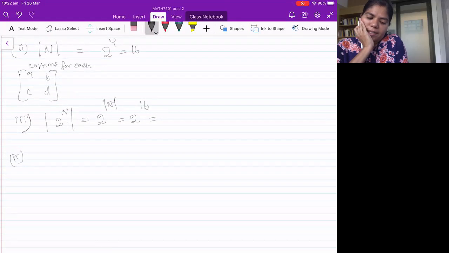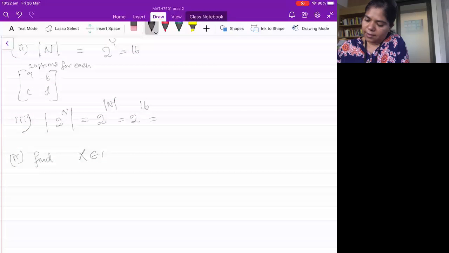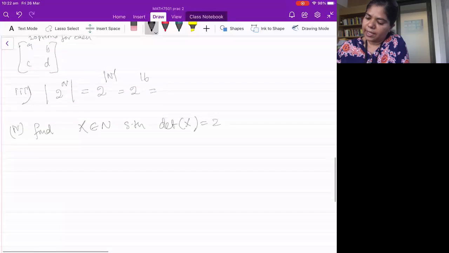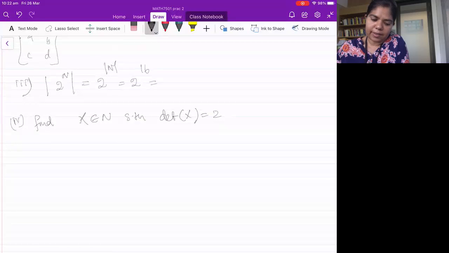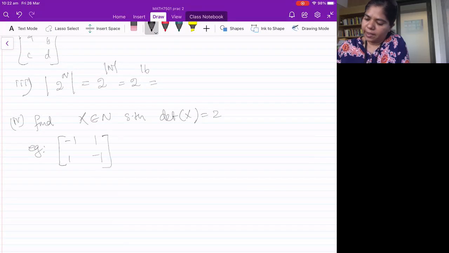Find an element X in N such that the determinant of X is equal to 2. So you just give an example here. Okay? One example is enough. Yeah, we can take maybe -1, 1, 1, -1.